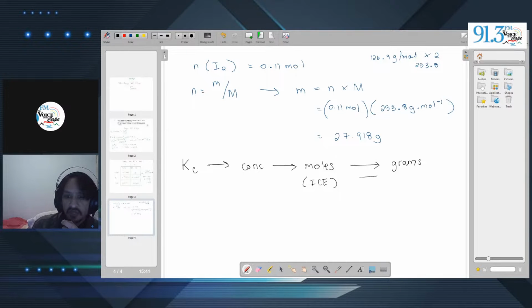You'd go grams to moles, you'd use the ice table, then you'd calculate your concentration, and then you'd get your Kc from your concentration. So you can see how it's just a reverse process, kind of like a reversible reaction. That was just a little chemistry joke there, right? But that's essentially what is going on here.